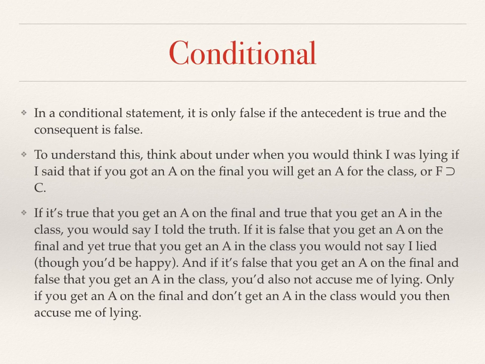You'd be happy, but you wouldn't say I had lied to you. And if it's false that you get an A on the final, and false that you get an A in the class, you'd also not accuse me of lying, okay? Only if you get an A on the final and don't get an A in the class would you then accuse me of lying. So that's the only circumstance in which you would say I was saying something false.